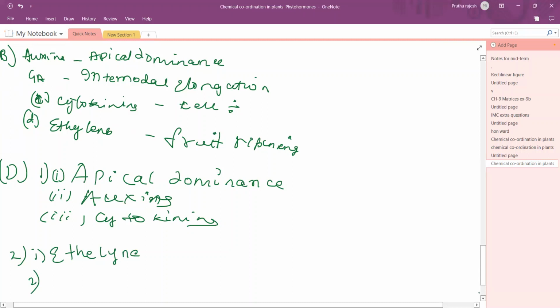Next, mention two characteristics of this hormone. It is synthesized in senescent leaves and flowers, germinating seeds, and ripening fruits. That part I have answered.